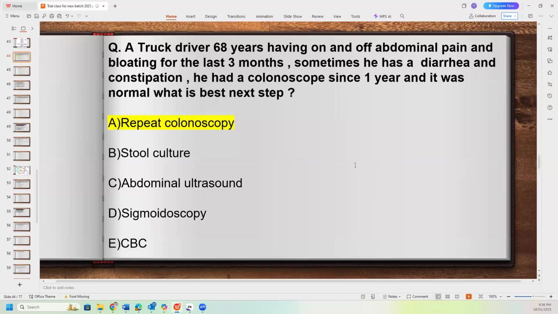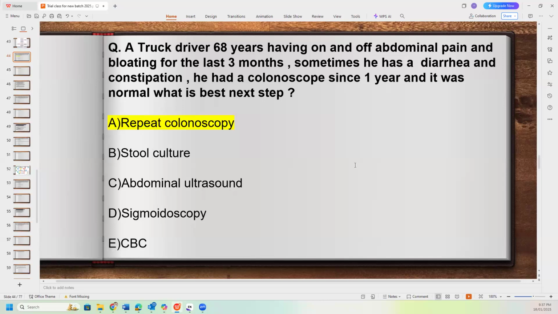So we will repeat colonoscopy. Is it clear, guys? Doing a complete blood count will not show us anything. Right-sided colorectal cancer will cause iron deficiency anemia. Left-sided colorectal cancer will cause altered bowel habits and abdominal pain or tenesmus. So we need to do colonoscopy.